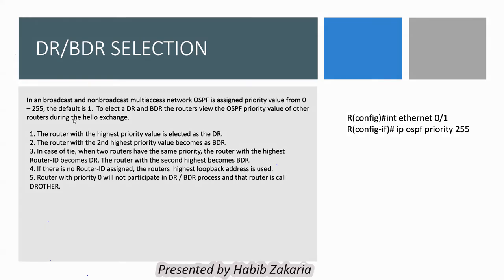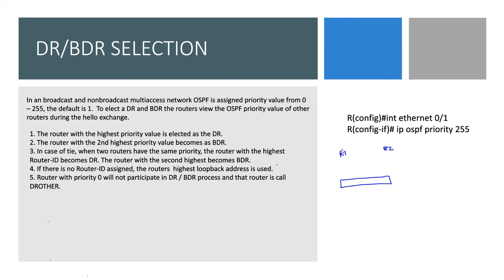The reason why I'm saying is that if you have a switch, and in a switch you have multiple routers, let's say R1 and R2, and you know one of these routers is stronger than the other one, it's bigger in terms of hardware resources, and it can handle all the updates and do link state advertisements to all other routers in the network, then you need to make sure this router that is your DR has an interface priority of 255 or something that's higher than the other router interfaces, and that's what the selection process will be looking at.